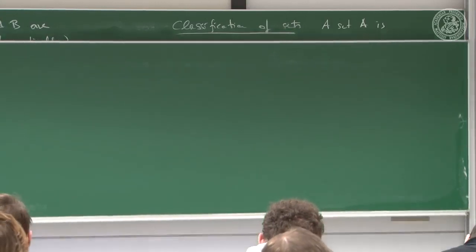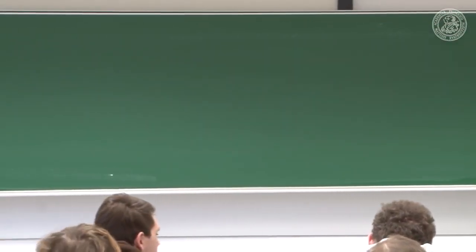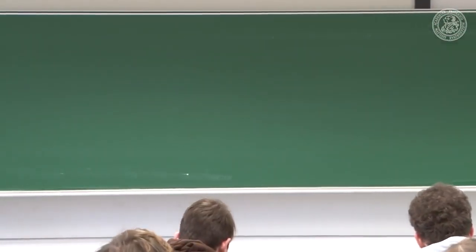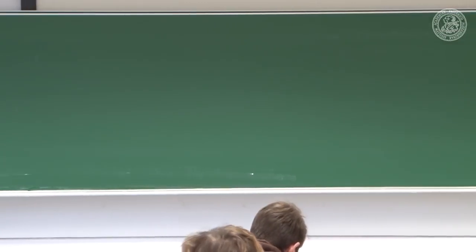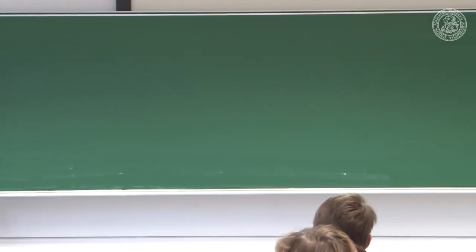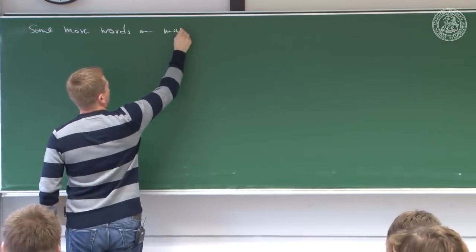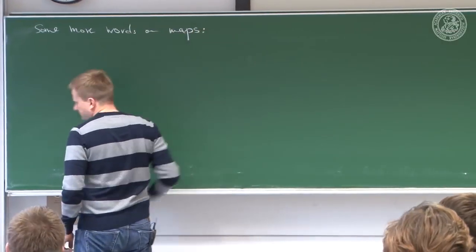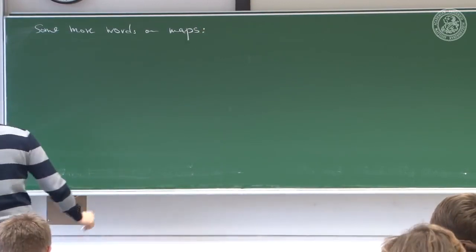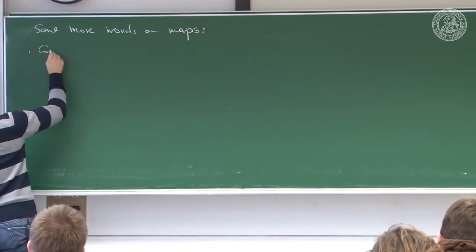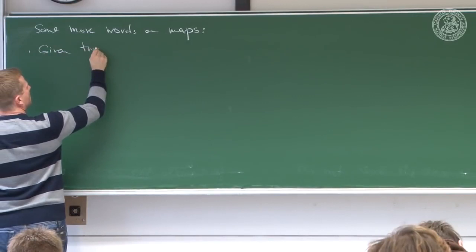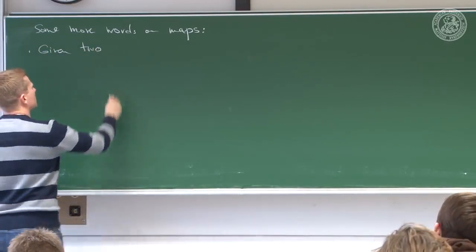So, some more words on maps. Well, given two maps, the first thing is that given two maps, we can build a new map. You see, it's always the same.